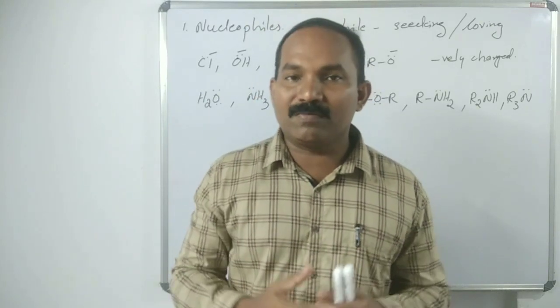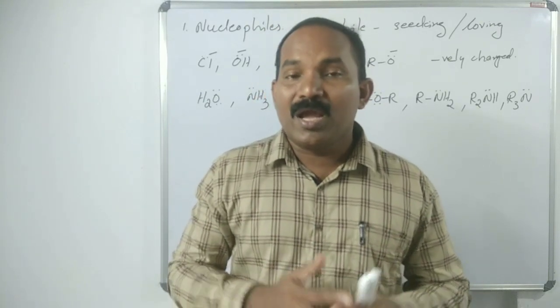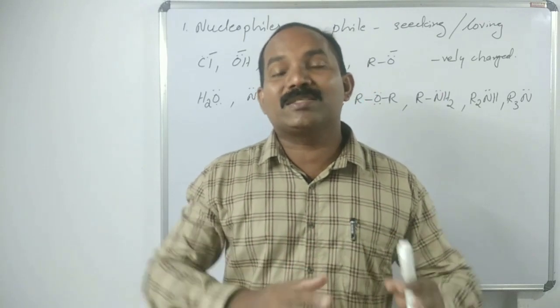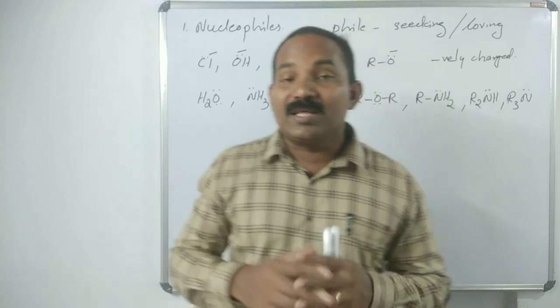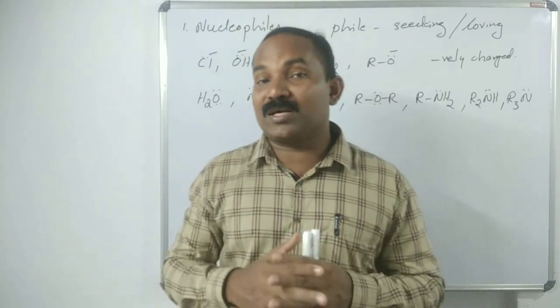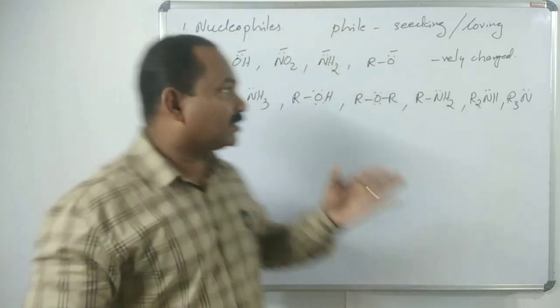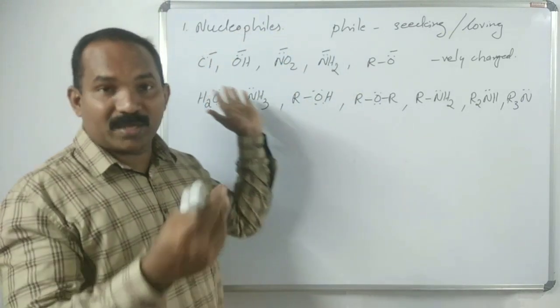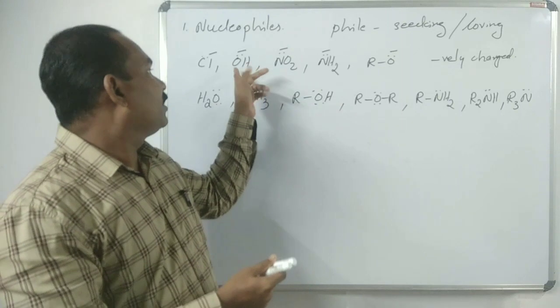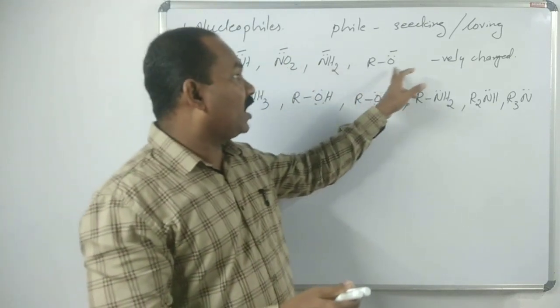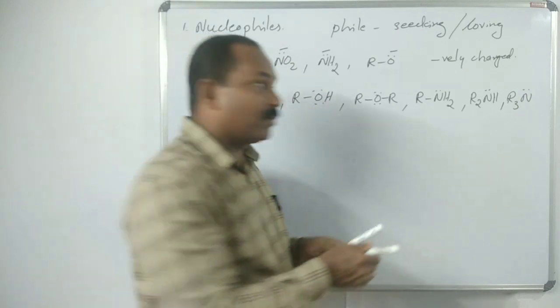So what are nucleophiles? Very simple concept. Nucleophiles are nucleus seeking or nucleus loving species. They seek a positive charge or positive center. Negatively charged nucleophiles are Cl minus, Br minus, I minus, OH minus, NO2 minus, NH2 minus, RO minus, alkoxide ion.